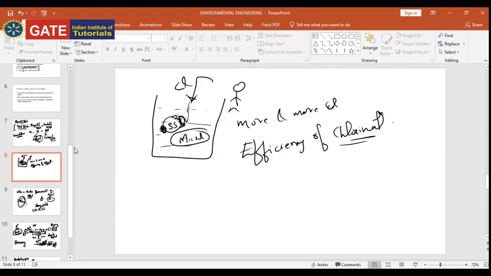So this chlorine will not be able to kill this microbe. This initiates a necessity to add more and more chlorine into the given water sample. So less water, more chlorine, which means the efficiency of chlorination will get reduced. Did you get it? Is it okay for you people?